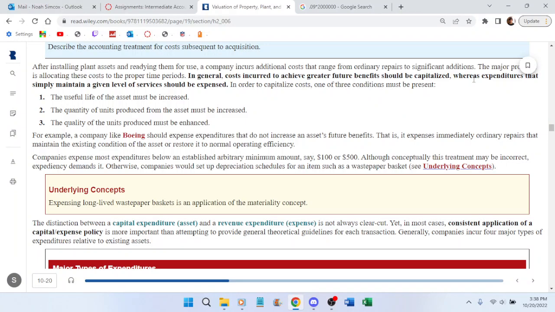It's either the useful life is increased, the quantity of units produced is increased, or the quality is enhanced. The quality of the units is enhanced, the number of units is increased, or useful life of the asset is increased.